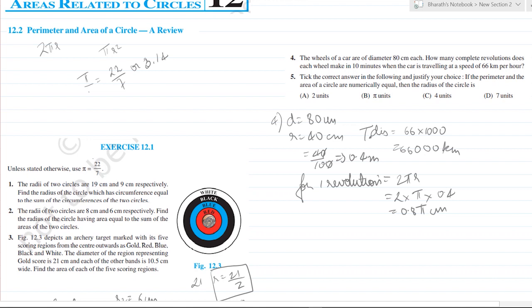Now for 1 minute, how much distance will it cover? It's 66 into 1000 divided by 60. And for 10 minutes, just multiply this by 10. So it will be 66 into 1000 divided by 60 into 10.